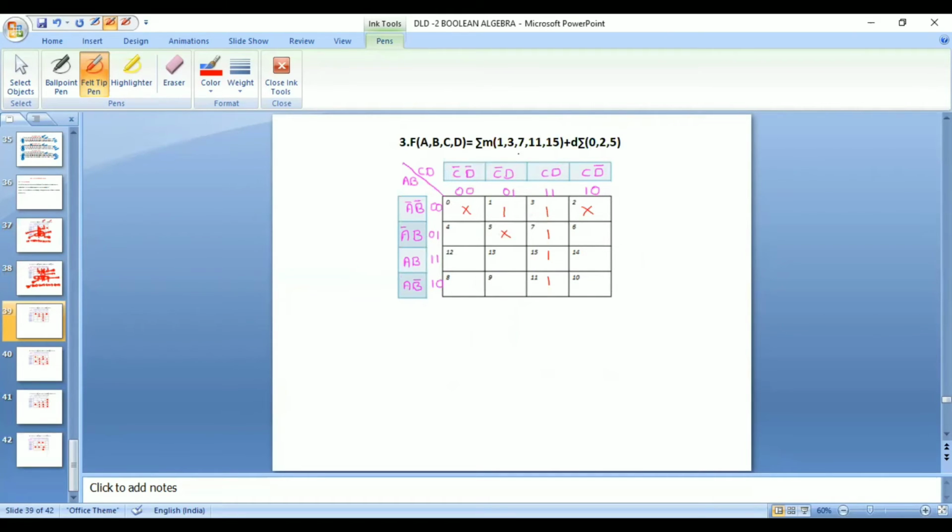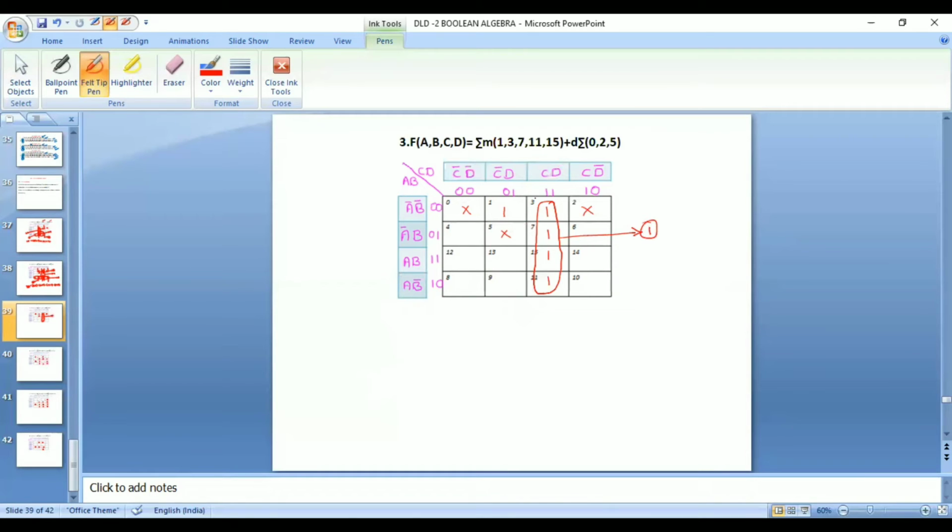So here the min terms are 1, 3, 7, 11, 15 and the don't care conditions are 0 to 5. Always try to do the best possibility here also. The best possibility is to make 15 and 11, so first of all, make one quad like this. Let us assume this is the first one. And the second one, observe here, this 1, 3, 5, 7, right?